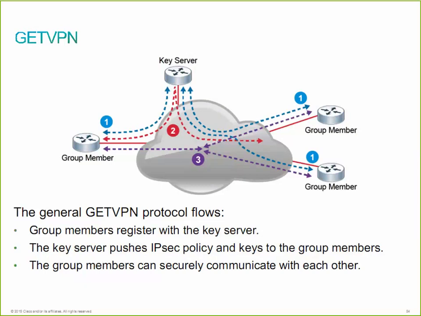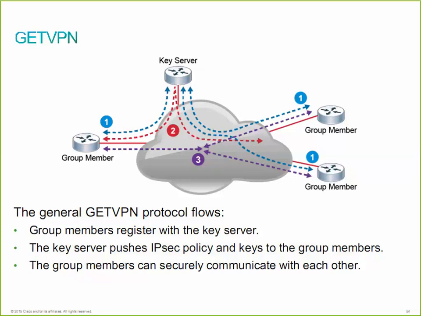The TEK is used to protect the traffic between the group members. Then I have the Key Encryption Key, the KEK, K-E-K. That's used to protect the rekeys, or the key refresh, between the key server and the group members.